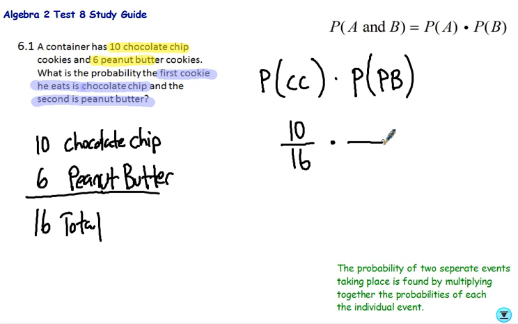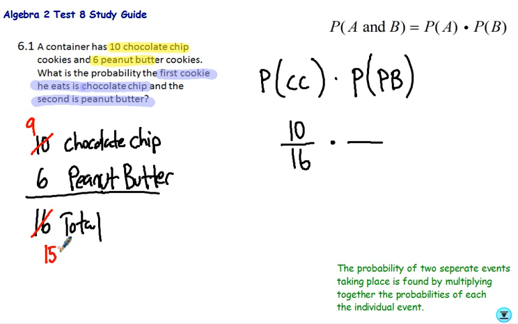Because, see, what just happened is that we just ate a cookie, right? So now there's one less cookie in the cookie jar. So if someone already ate a chocolate chip, well, now there's only 9 chocolate chip cookies in the cookie jar. That means there's now only 15 total cookies in the cookie jar.